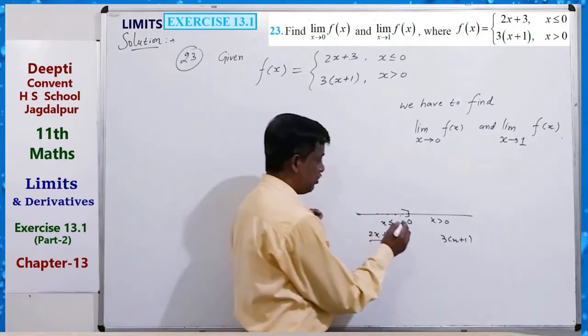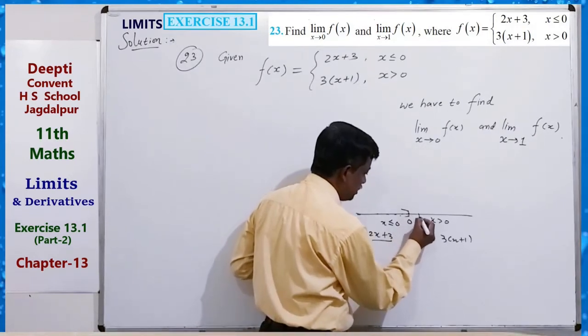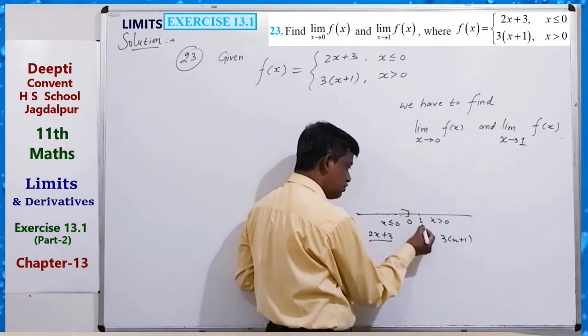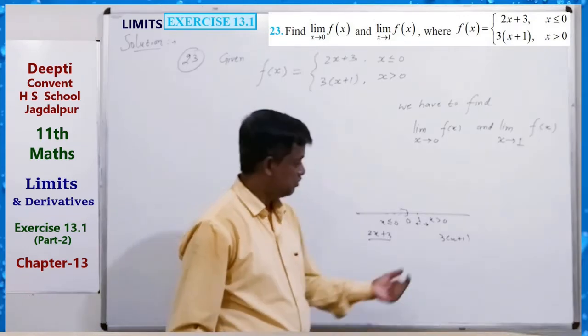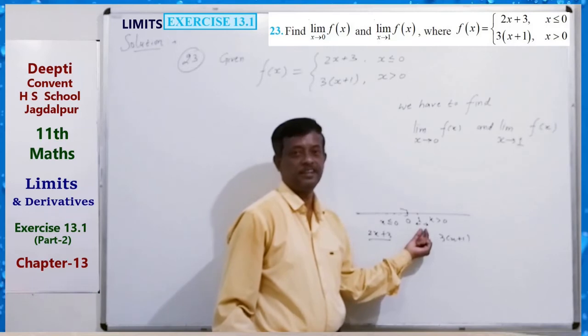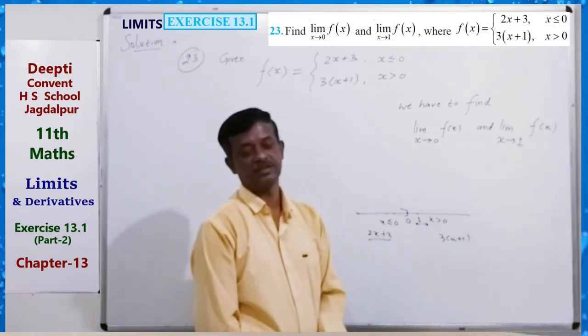But for 1, suppose this is 0, then 1 is here. Just the left side and just the right side of 1, for both these two sides, the value of the function is 3x plus 1.